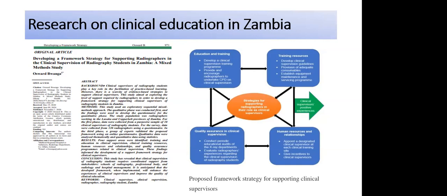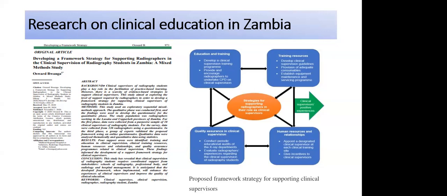We need to ensure that resources are there so that clinical education is not interrupted. We propose also for human resource and relationships to appoint designated clinical supervisors at each hospital in the government, on government payroll. So he proposed that radiographers should be employed just to teach, so that they have enough time, okay? They are trained and they are employed as clinical educators.